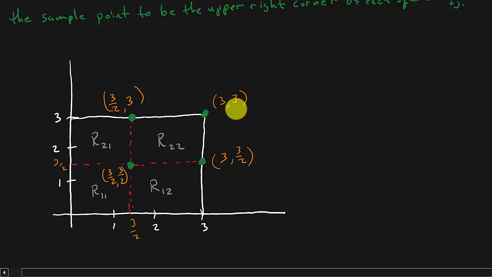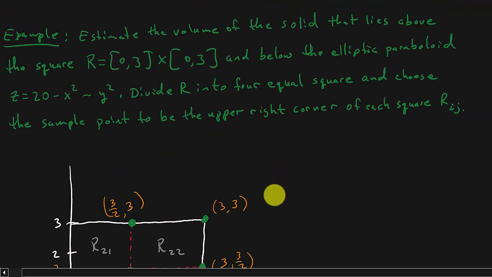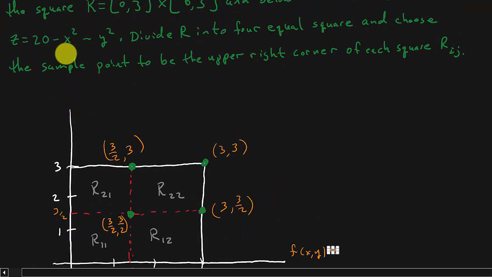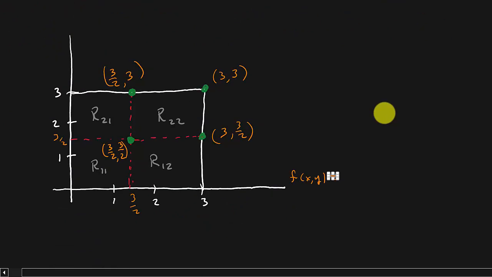And we also have f(x,y) equal to 20 minus x squared minus y squared. So what is the height of this rectangle right here?